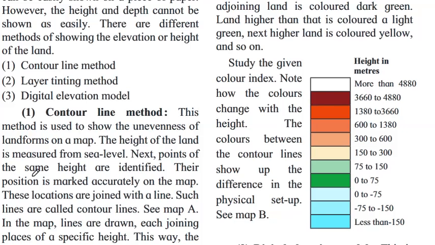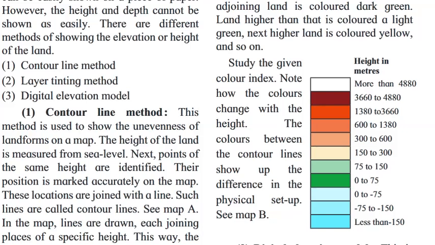Their position is marked accurately on the map. These locations are joined with a line. Such lines are called contour lines. See map A. In the map, lines are drawn, each joining places of a specific height.